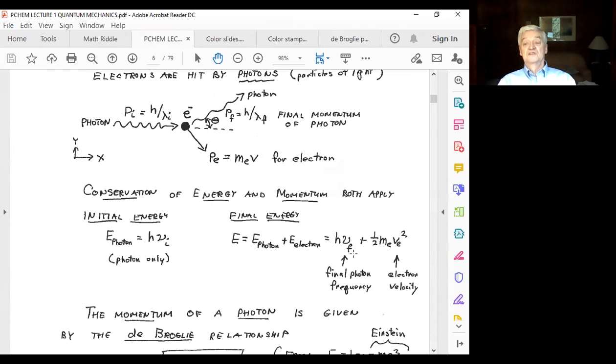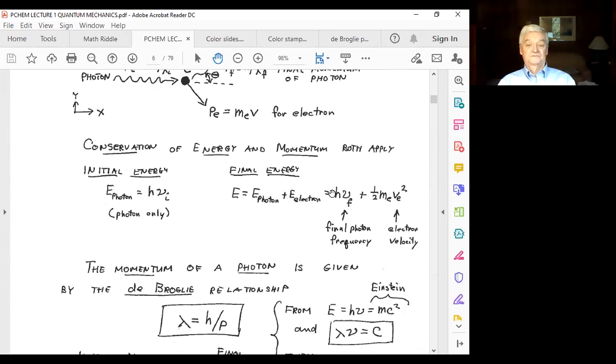So its frequency is going to go down. Its wavelength is going to go up. And then here we have the kinetic energy that we have for the electron. So the energy in, again, has to equal the energy out.